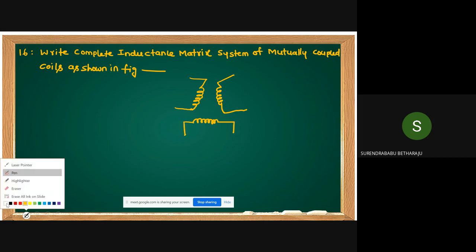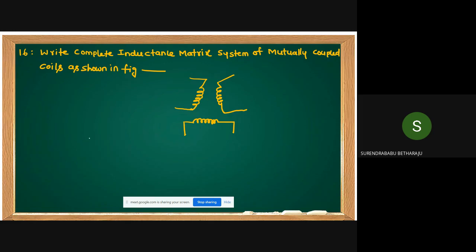This is 5 Henry, this is 4 Henry, and this is 6 Henry. This is V1 and this is I1.